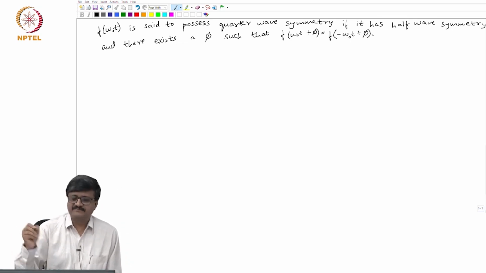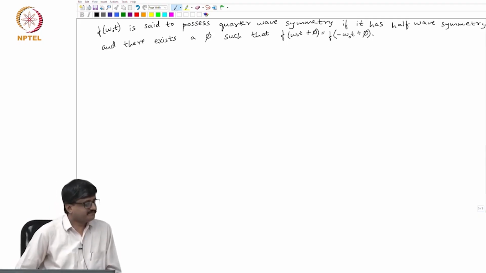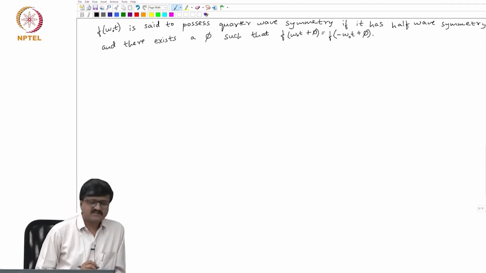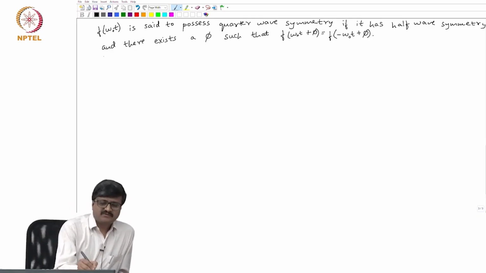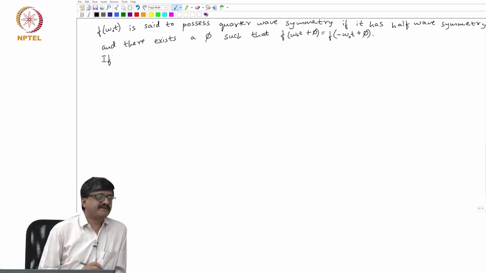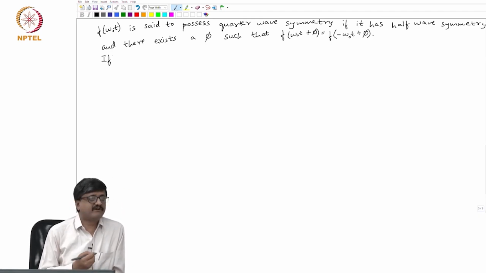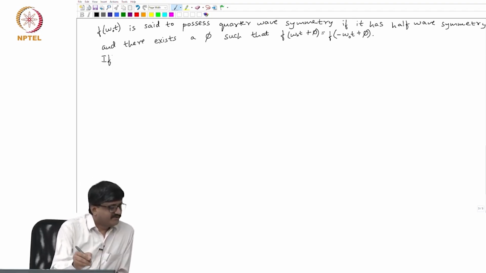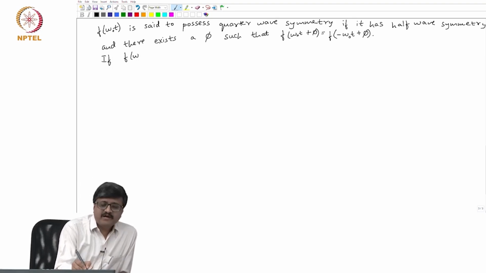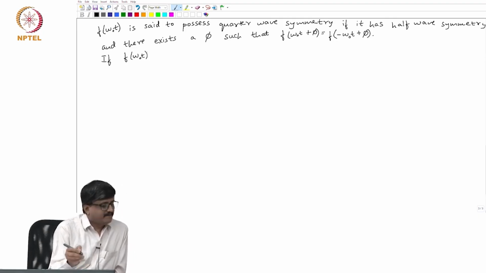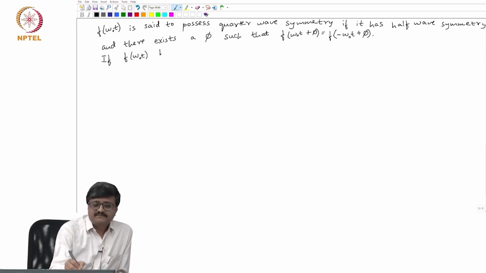Okay. So, that is the definition of quarter wave symmetry. If a function f of omega o t has quarter wave symmetry, then what is the expression for AH and BH?